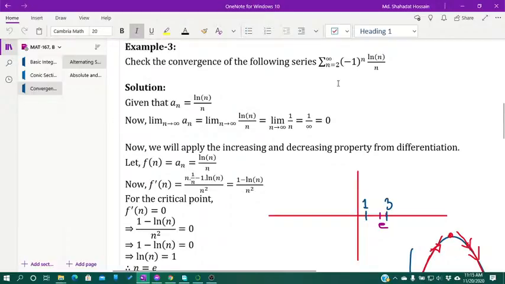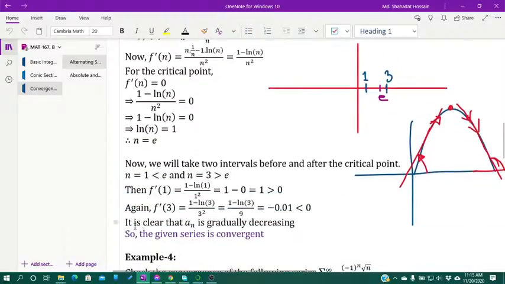Now go to the question. The series has started from n equals 2 and ends at infinity. So before the critical point, for small numbers the series is increasing, but after the critical point, for large numbers up to infinity, it is decreasing. So ultimately the series is gradually decreasing, so we can decide that the given series is convergent.